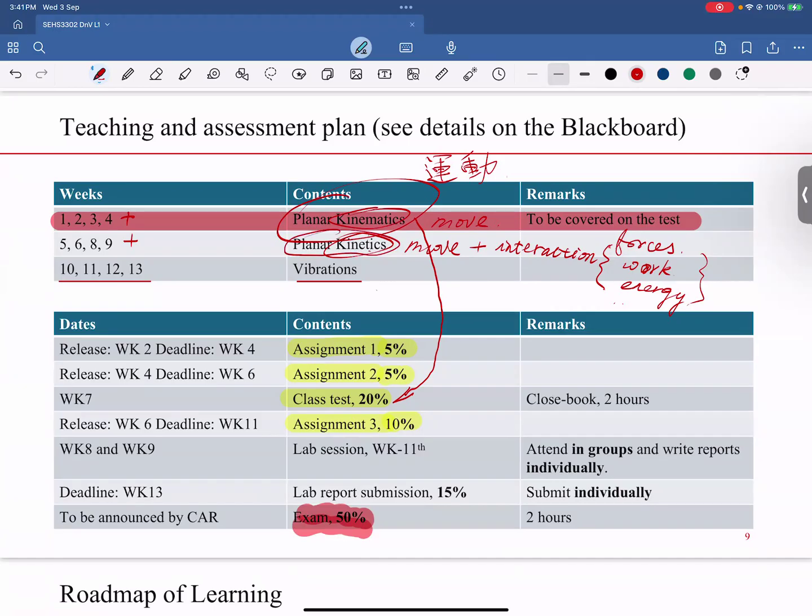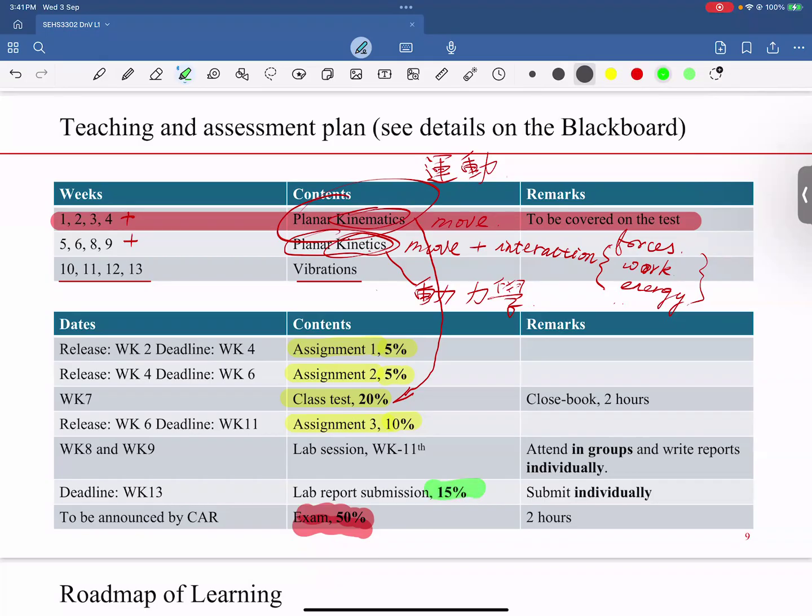Okay, kinetics means 动力学. 好啊，跟动力学没关系啊，我们只考运动学的部分啊，test. And yeah, so one assignment about the vibration, and then the last 15 is about the lab report.